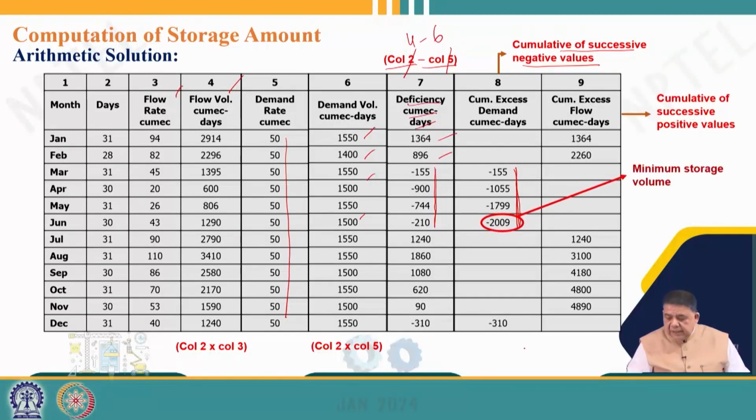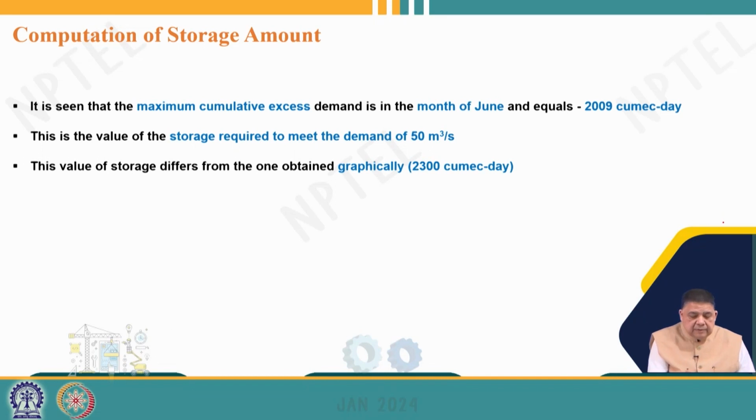So, from here we get that the total deficiency during the year is 2009 cubic days, and that is the minimum storage volume that is required. So, the maximum cumulative excess demand is in the month of June, and it equals 2009 cubic days, and this is the value of storage required to meet the demand of 50 cubic meters per second.